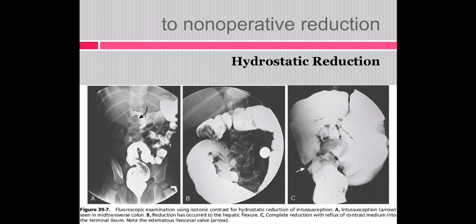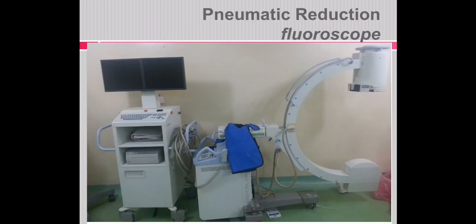Increasing pressure will cause the claw sign to move to the left side or the right side of the abdomen, with gradual reduction in progress. The photo on the right shows complete reduction with reflux of the contrast material into the ileum, and the arrow shows the area of edema at the ileocecal valve.